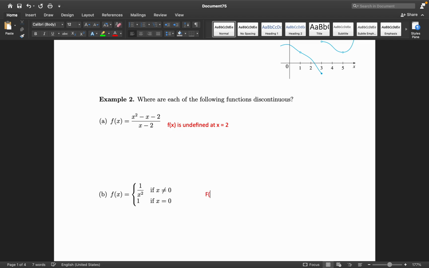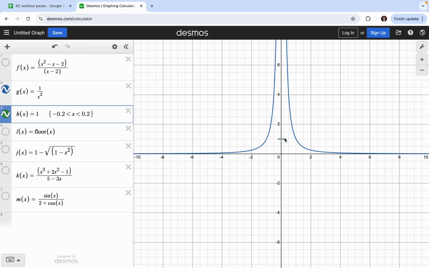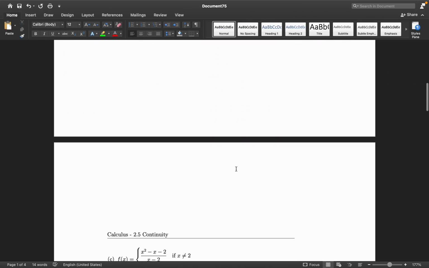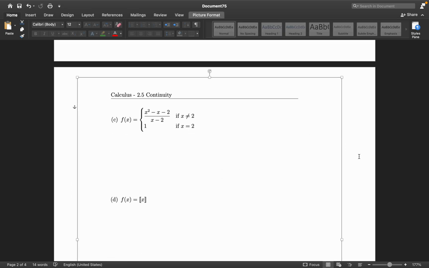In this case, f of x is discontinuous at x equals 0, because f of 0 is not the same as the limit as x approaches 0. All right, let's take a look at our next page.